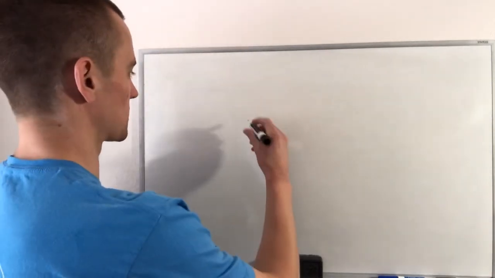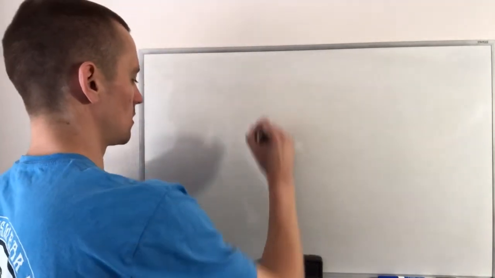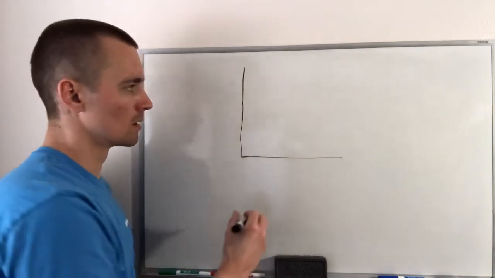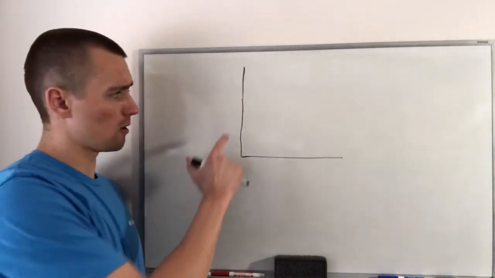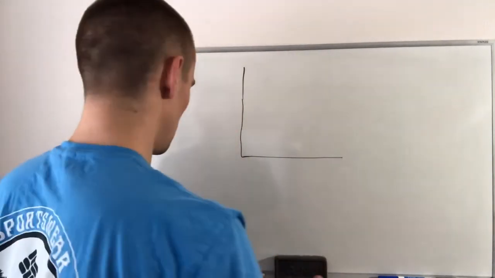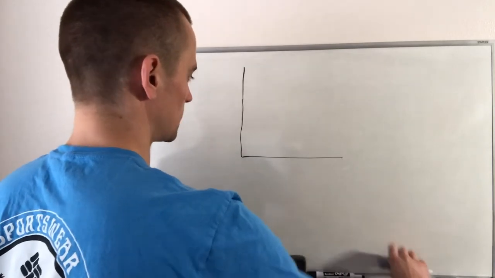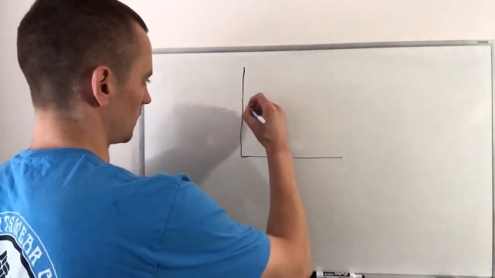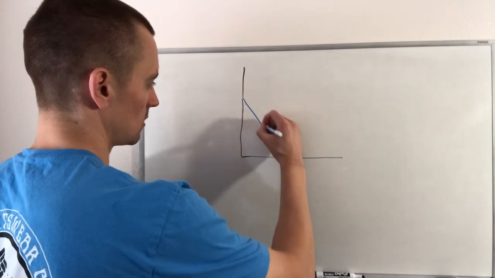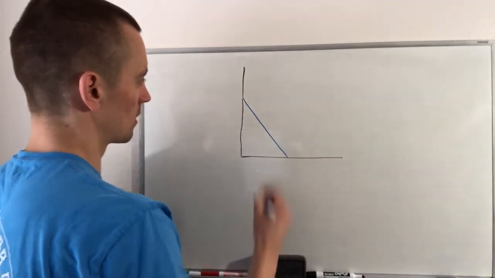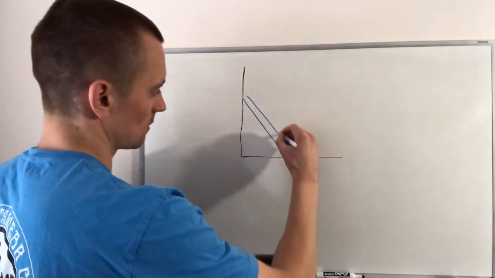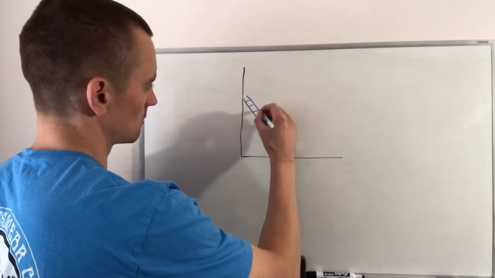So let's just kind of draw. We have our wall and then the floor. So we'll say that our ladder is leaning up against the wall, touching down to the floor. So here's our ladder.